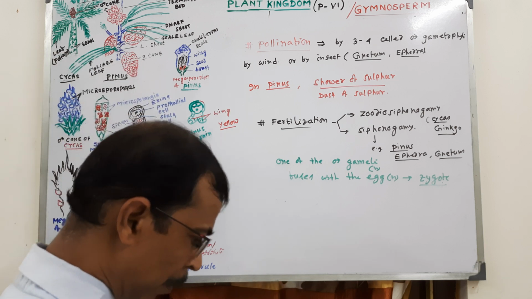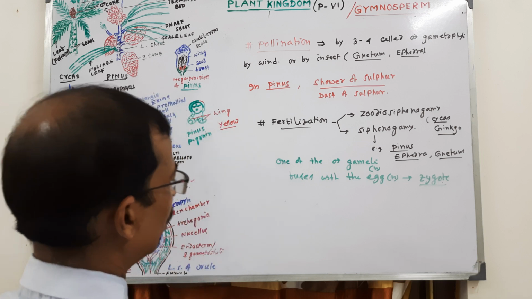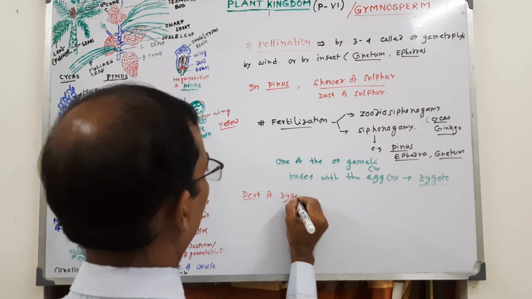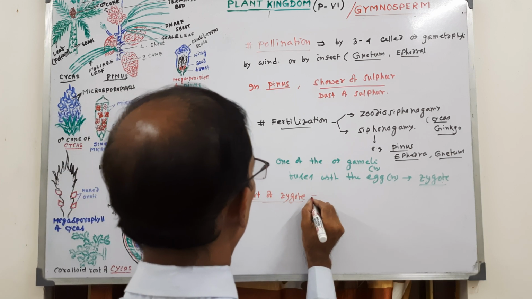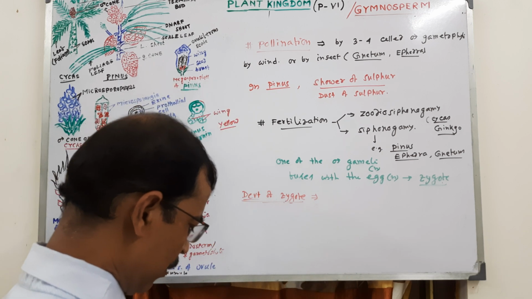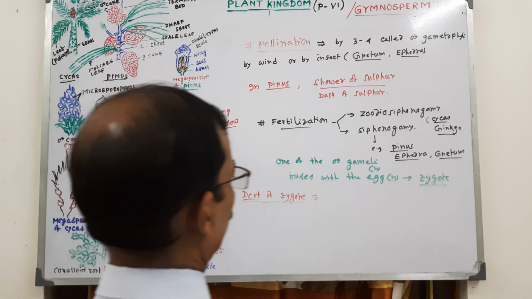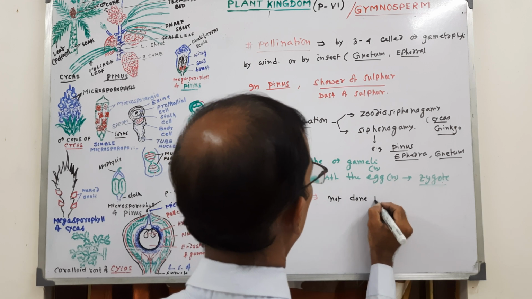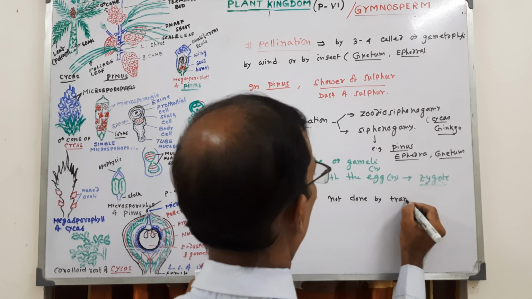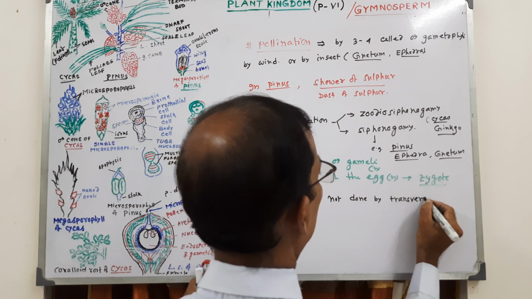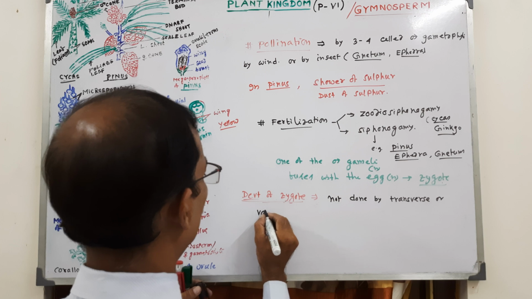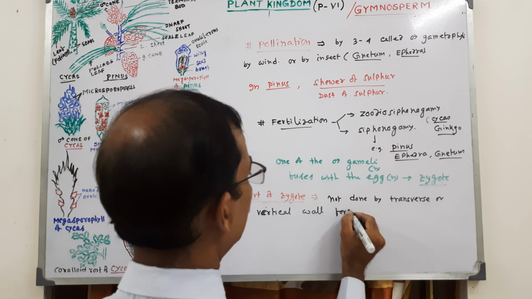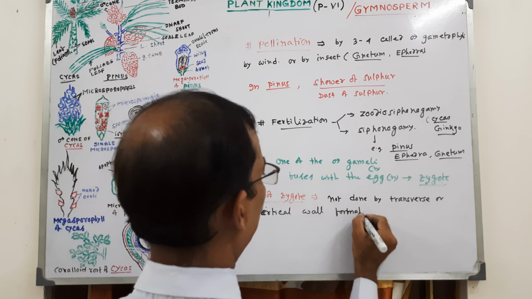Then the development of the zygote, that is embryo formation. Development of the zygote is not done by transverse or vertical wall formation, unlike angiosperms.